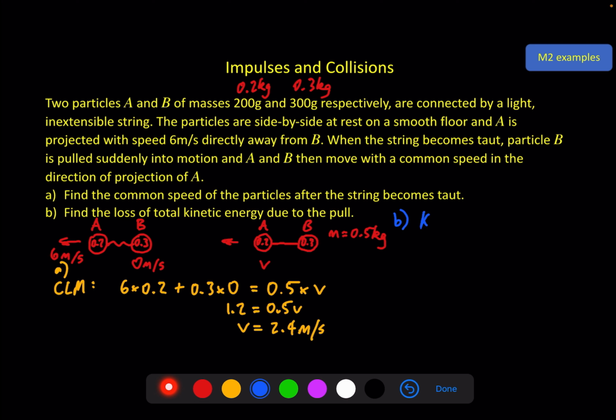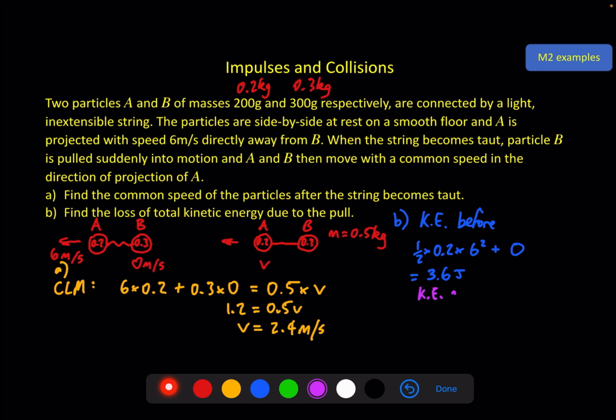Kinetic energy before the pull is 1/2 times mass of particle A times the square of the speed of particle A, plus for particle B that's 0 because it's got 0 speed. 3.6 joules of energy.